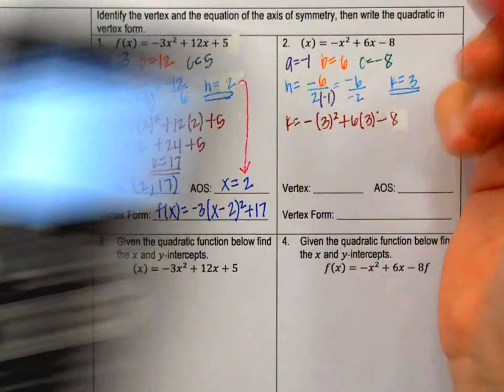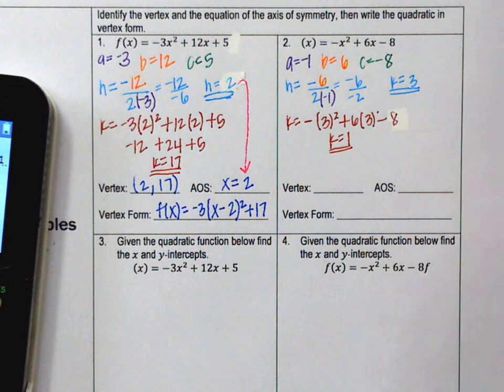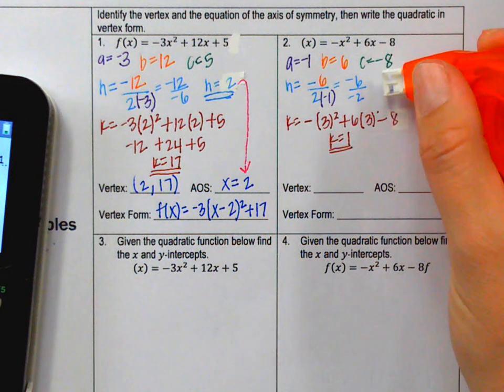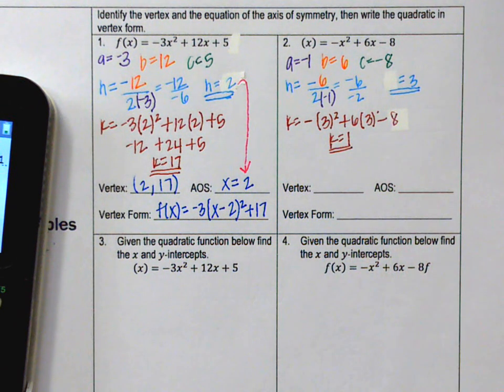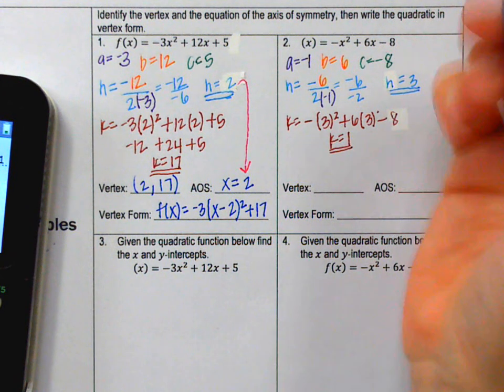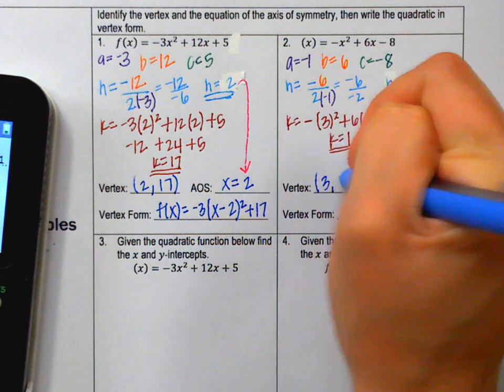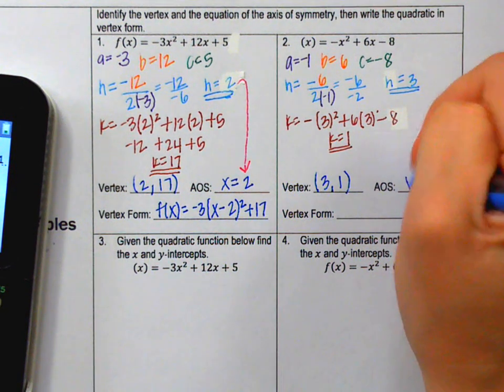So, okay, so we get our K value of 1. And now we have our H value and we have our K value. Okay, and so now I have my ordered pair. So 3, 1 is my vertex. My axis of symmetry is just the H value.